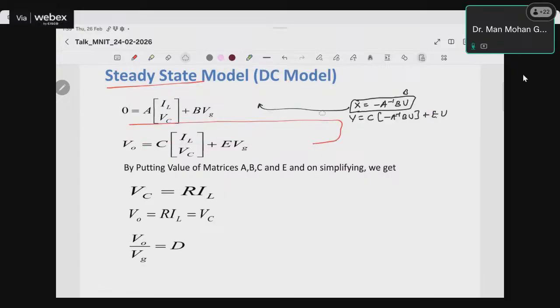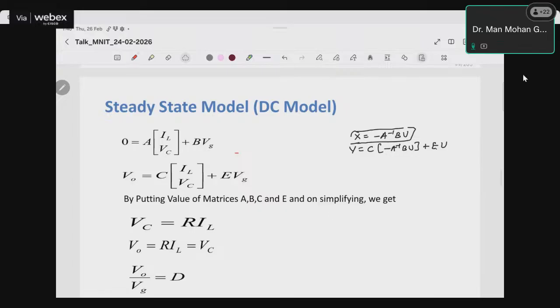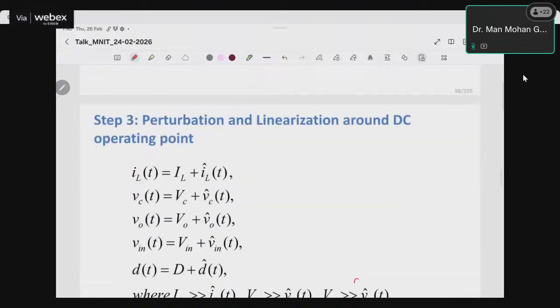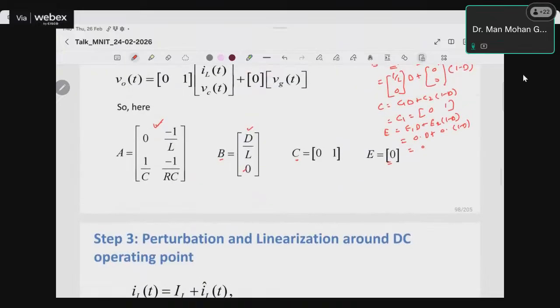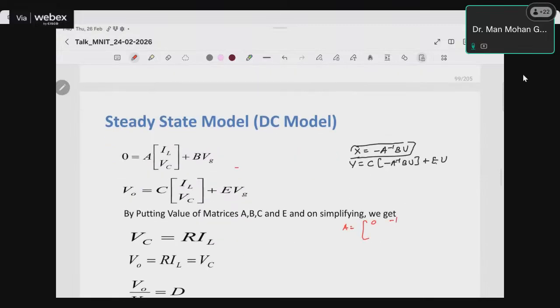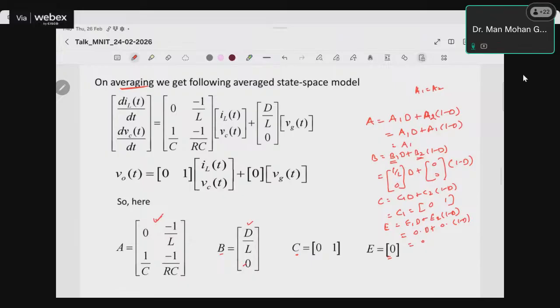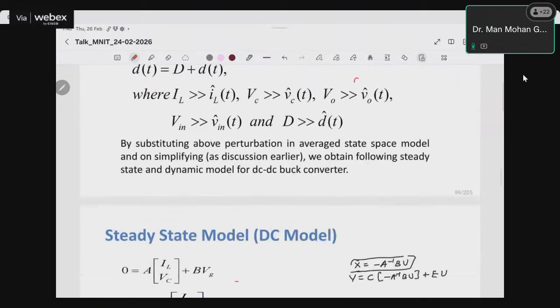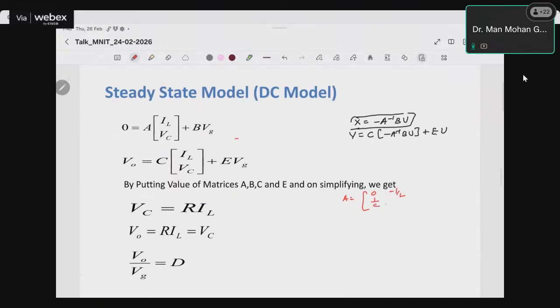Okay, so we can directly use these formulas as well. So what is the A here? A is 0, minus 1 upon L, then 1 by C and minus 1 upon RC.